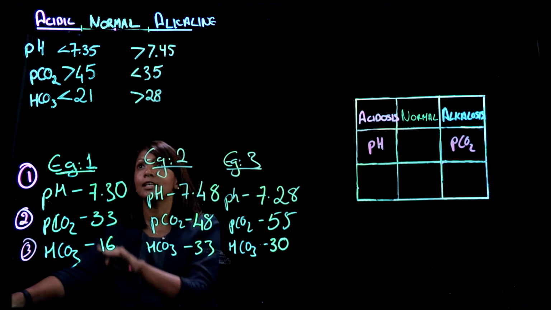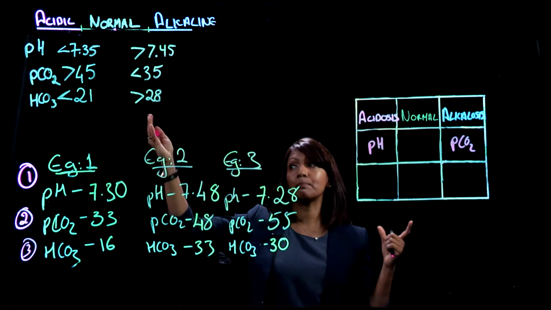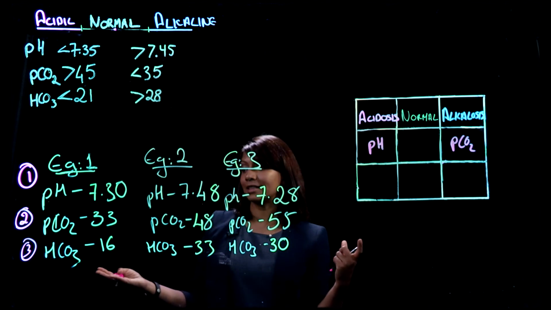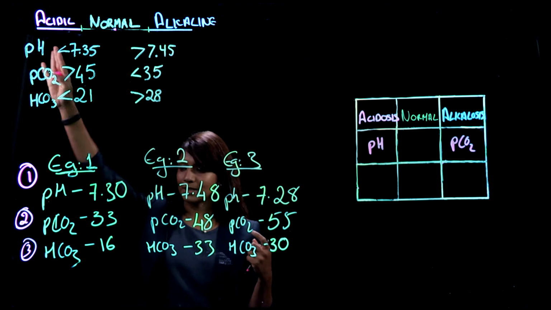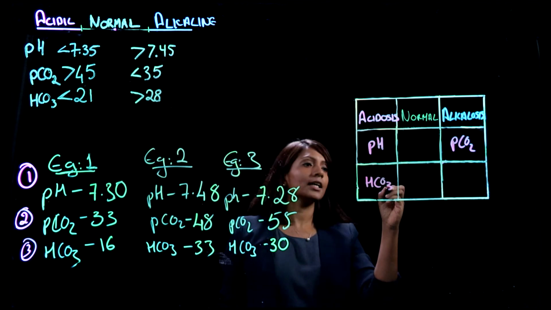Okay, and thirdly, we're looking at the bicarb. Bicarb is 16. 16 is much less than 21. So remember, bicarbonate is that buffer. So there's not enough buffers to get rid of the acidity. If it's less than 21, then the blood becomes acidic. So bicarb is acidic.